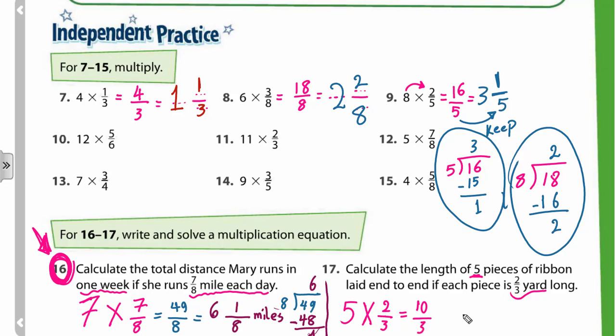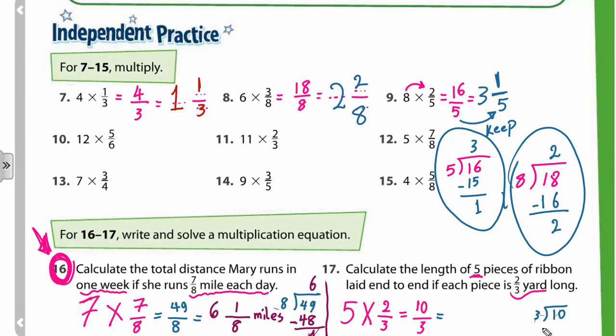I want Yusuf to help me write the mixed number. Yusuf, can you help me write it as a mixed number? Yes. Okay, so let's do it. We start by dividing 10 by 3.